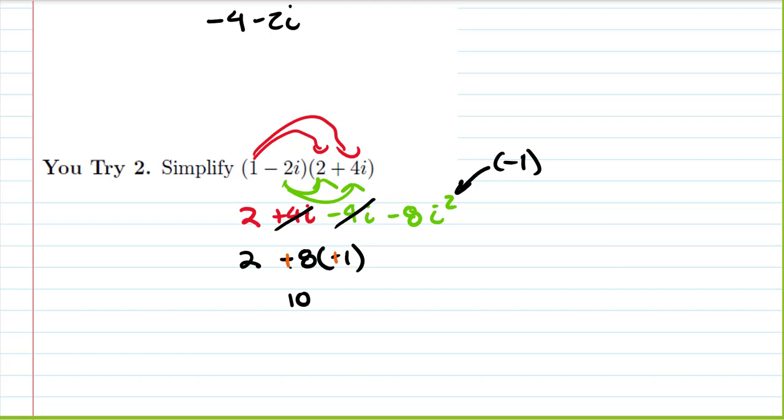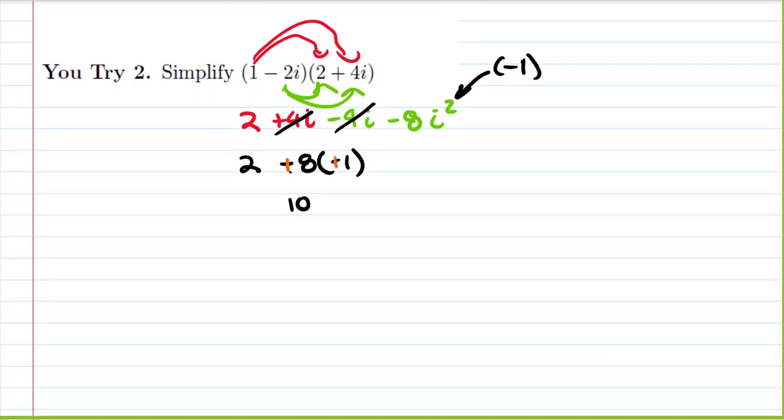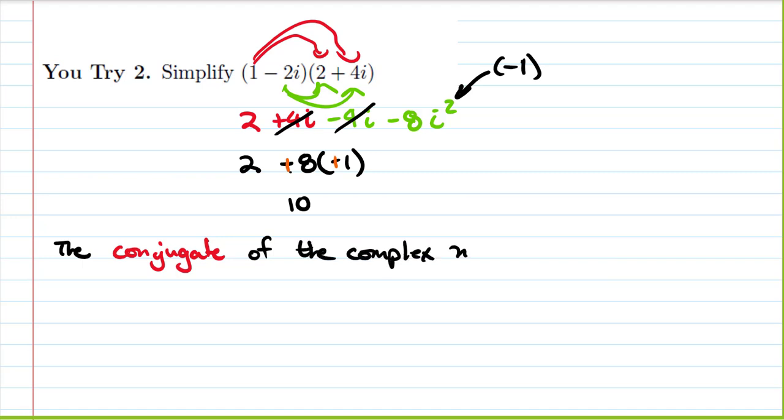So we need another definition now, which is called the conjugate. The conjugate of the complex number a plus bi is a minus bi.